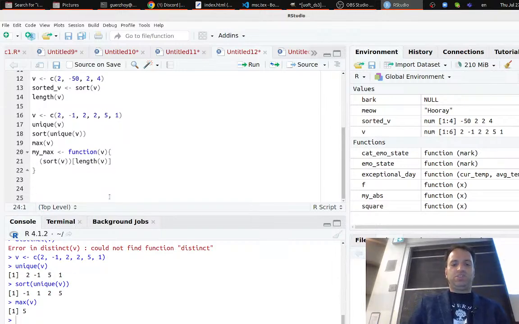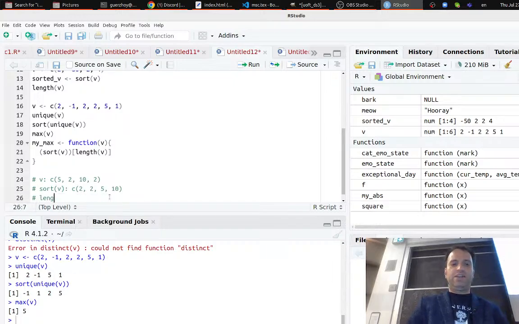Imagine that v is, whatever, 5, 10, 2. Then sort of v is going to be 2, 5, 10. So that's just the sorted version.